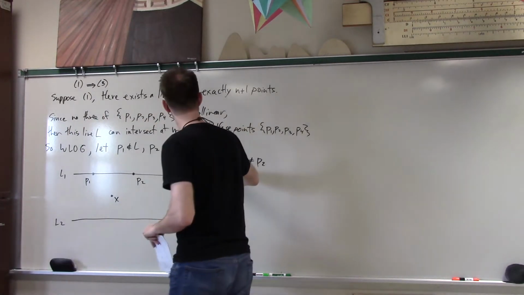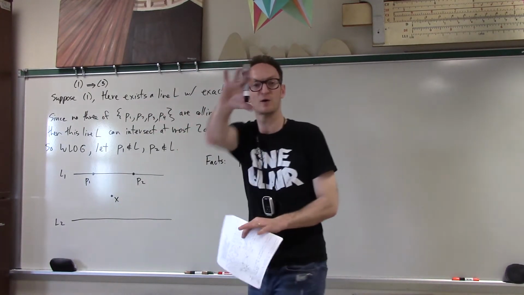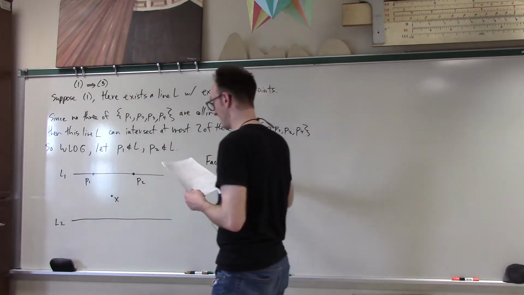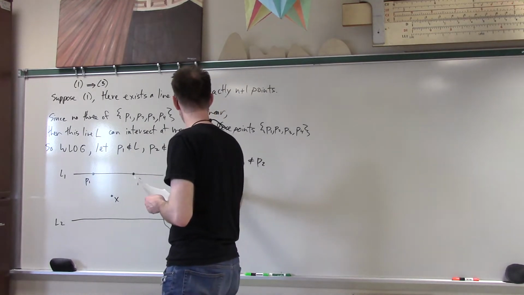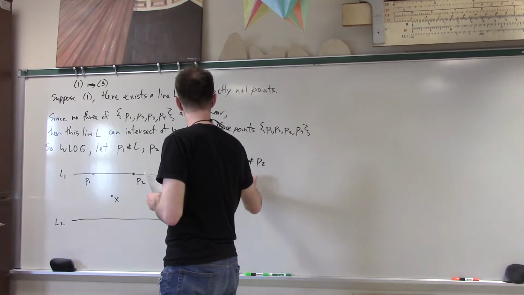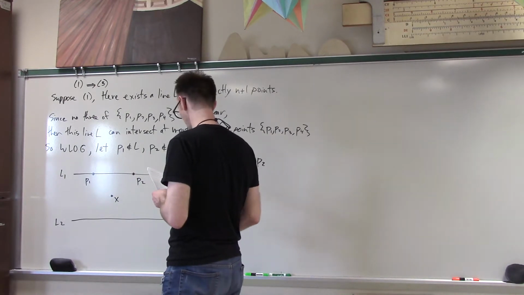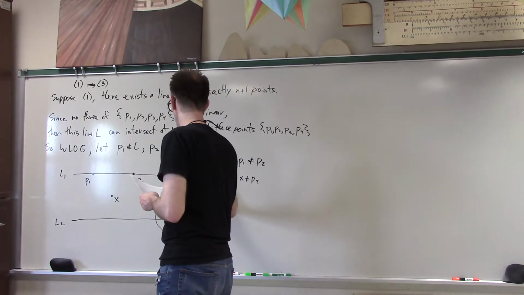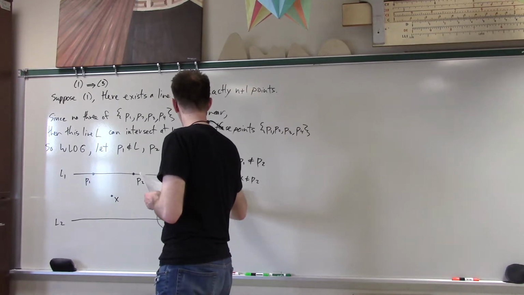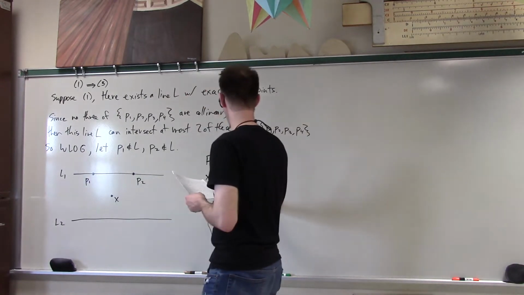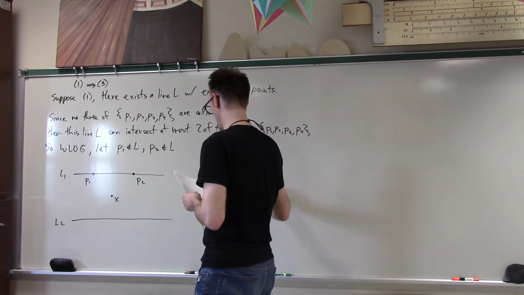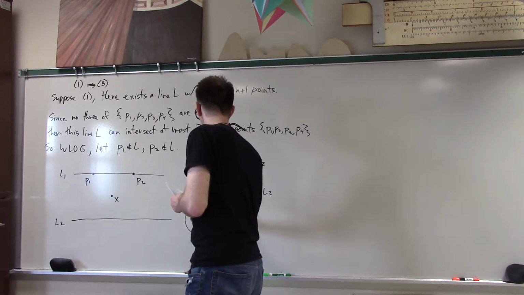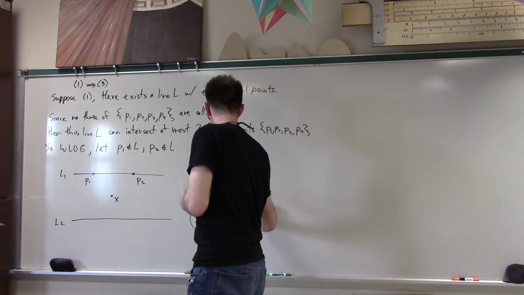So my facts, which I repeat from the front board, is that I have these 2 points P1 and P2 that are definitely different. I also have that X is not P1, that X is not P2, that P1 is not on L2, that P2 is not on L2, and that X is not on L1, and that X is not on L2.